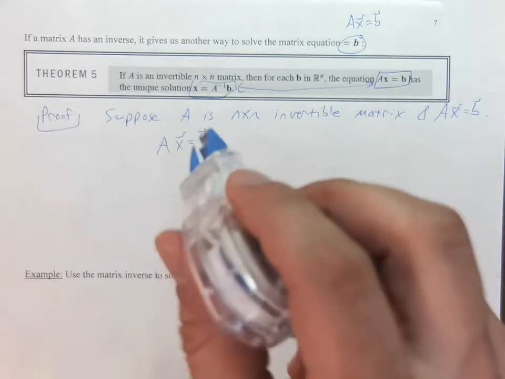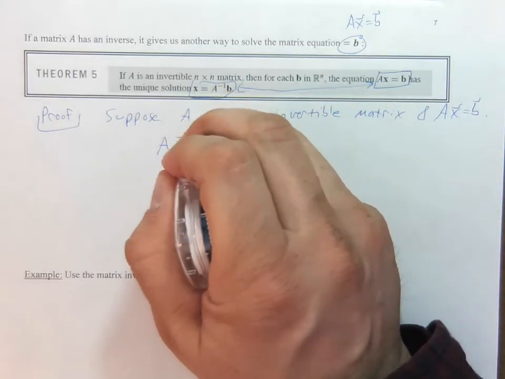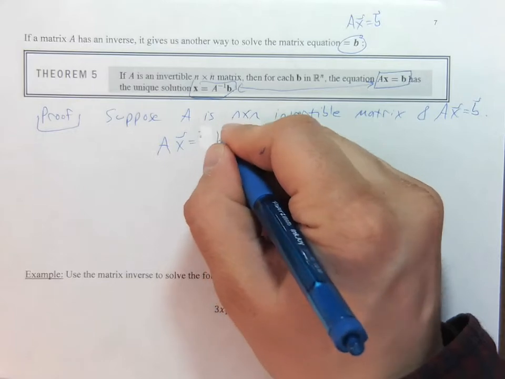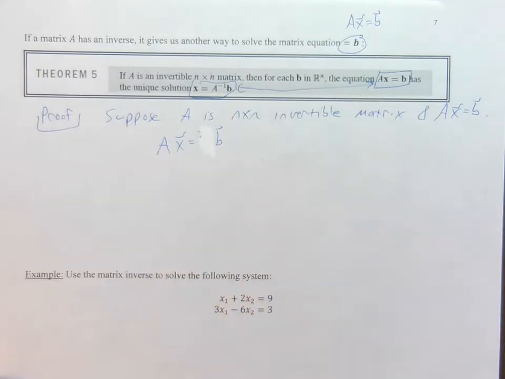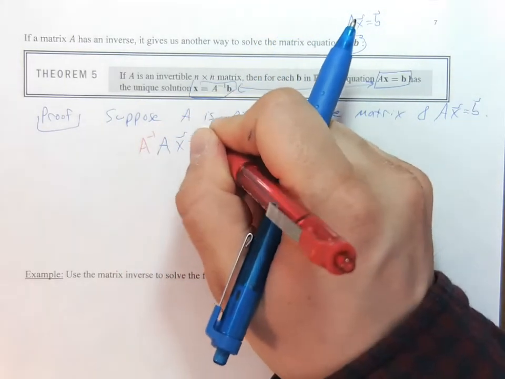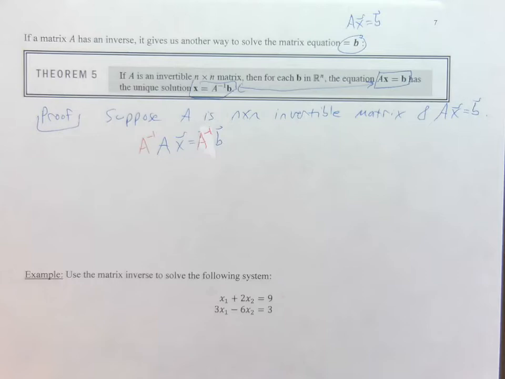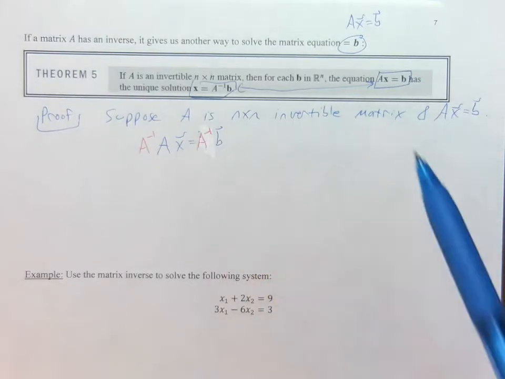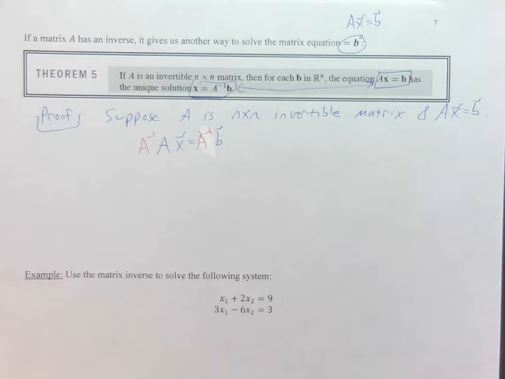Let me actually move this B over so that we can multiply on the left a little more easily. Right, so we want to solve AX equals B, and so we can multiply on the left-hand side of both sides of the equation by the inverse. And we're assuming it exists, right? So suppose A is invertible, and so A inverse exists.